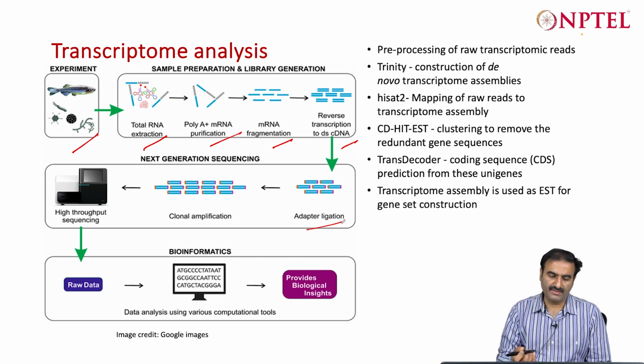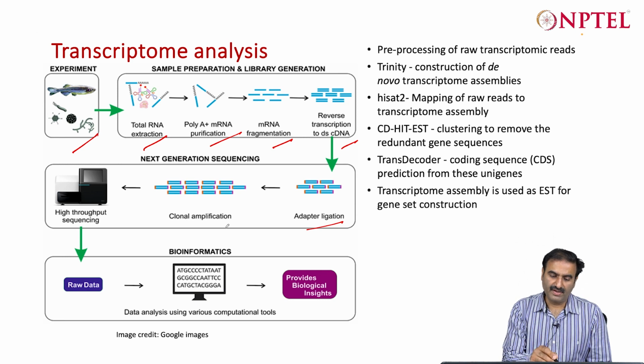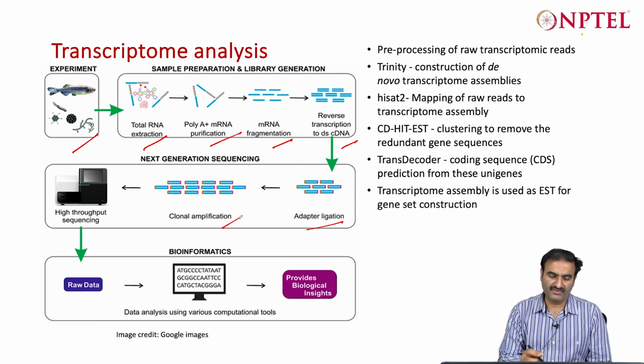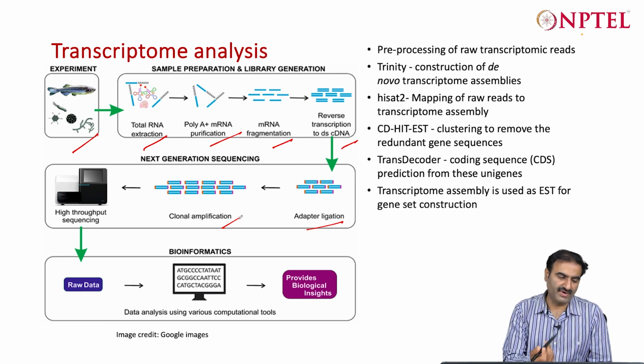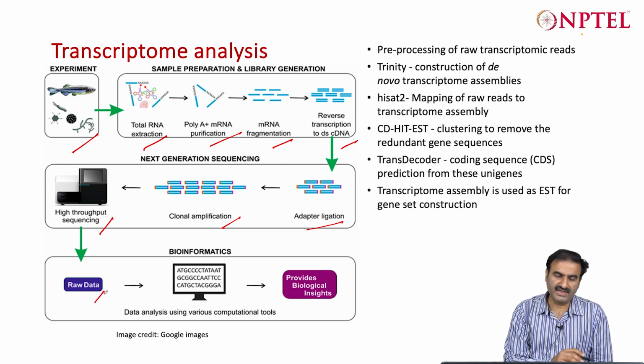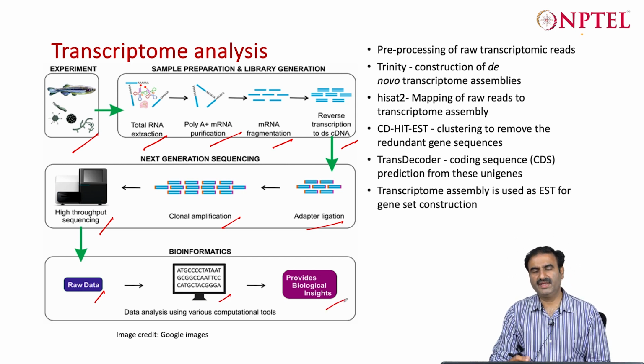So you can construct the library, and since you may require sufficient copy number of each DNA fragment, this clonal amplification step is also needed, for example in the Illumina instrument, but it is not a requirement in nanopore or PacBio. Then the raw data that you generate after the sequencing, you carry out the analysis.